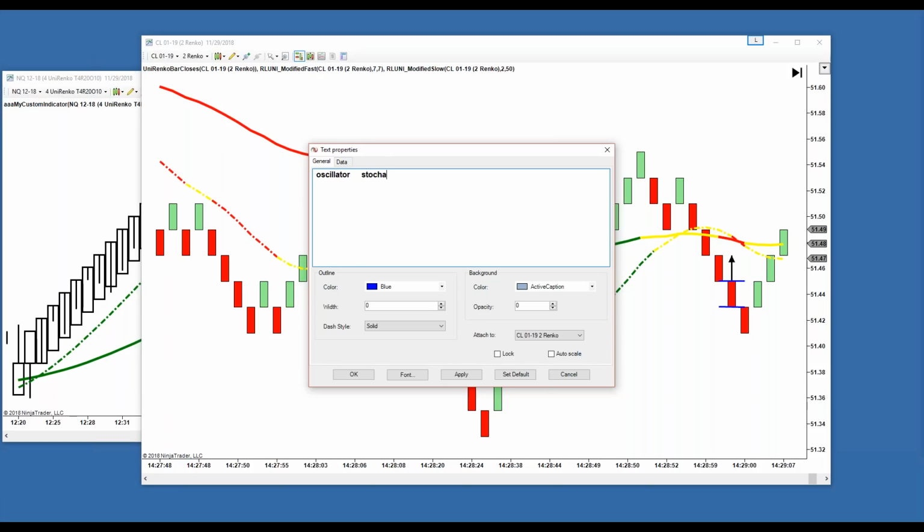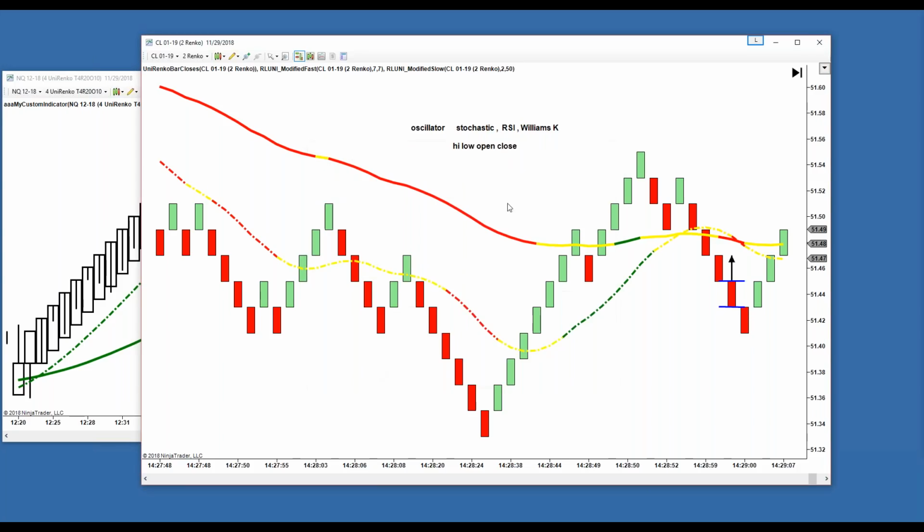It doesn't matter if it's stochastic, RSI, Williams %R. No oscillator will work, because an oscillator requires 4 components: a high, a low, an open, and a close.